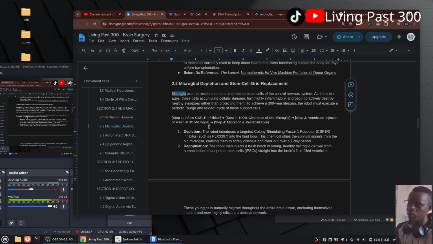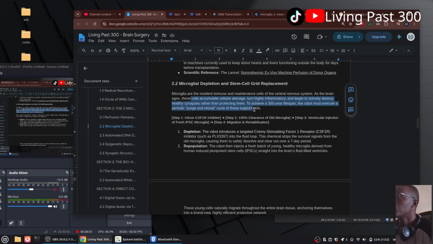They basically protect our central nervous system, and as cellular damage accumulates, they turn inflammatory and begin to actively destroy the synapses that support cells. Oh, okay. So because over years they start to damage, they hurt these synapses.